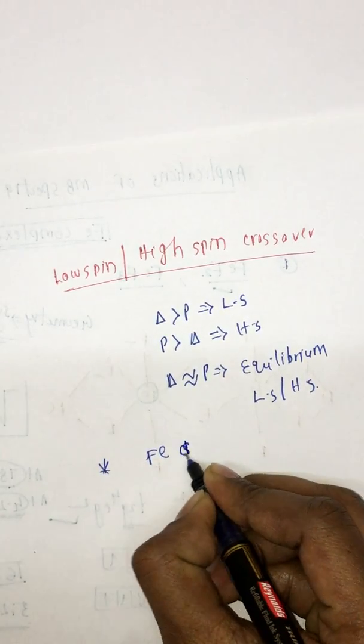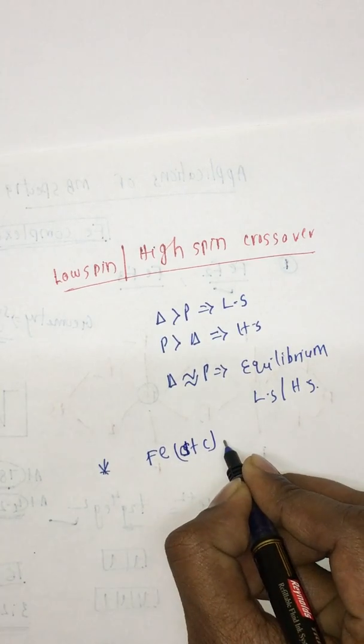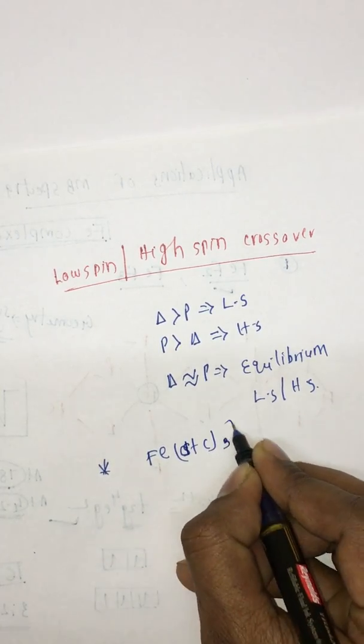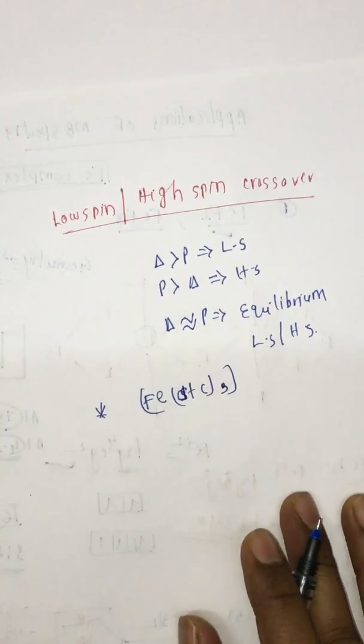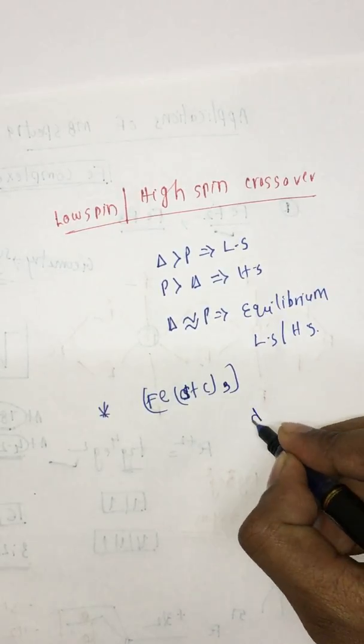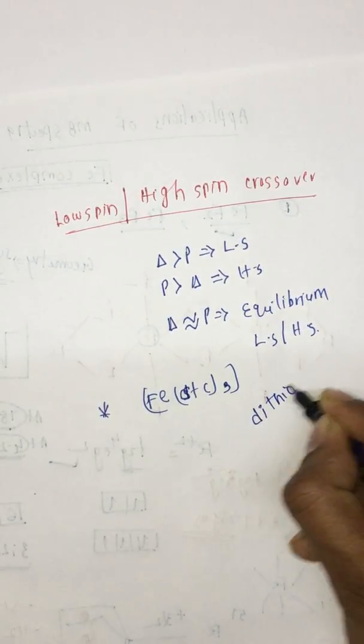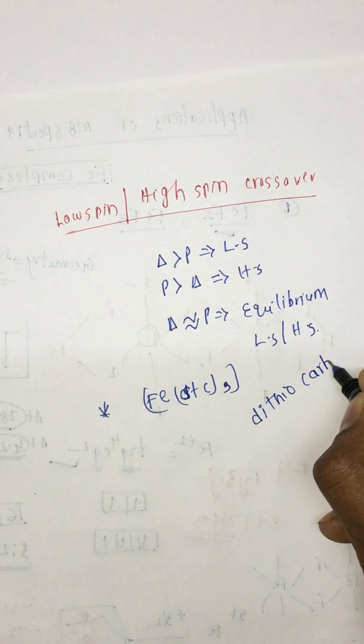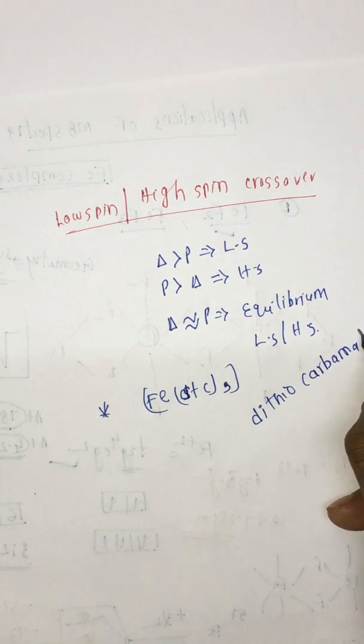Sorry, Fe(DTC) thrice. So DTC means dithiocarbamato.